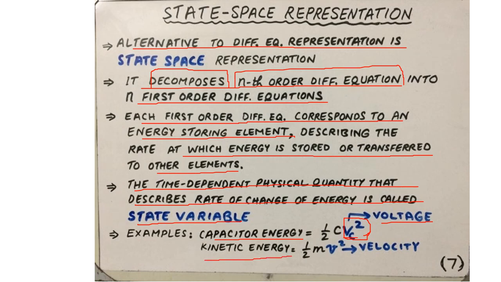Kinetic energy, which we are all familiar with, is half times mass times the velocity squared in mechanical systems. Here small v reflects the velocity. The higher the velocity, the higher the kinetic energy. And the velocity is an example of a state variable because it dictates the kinetic energy of the system.